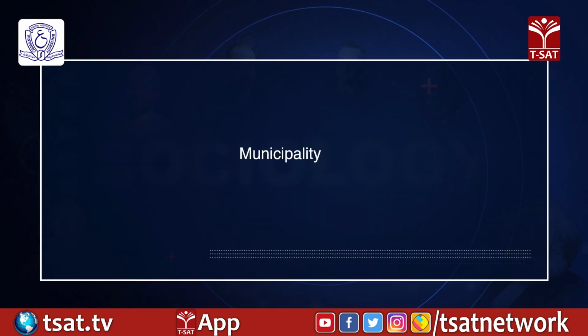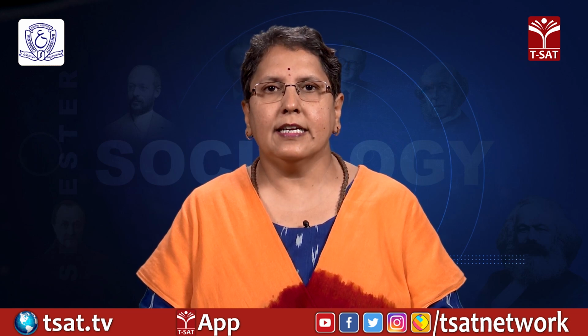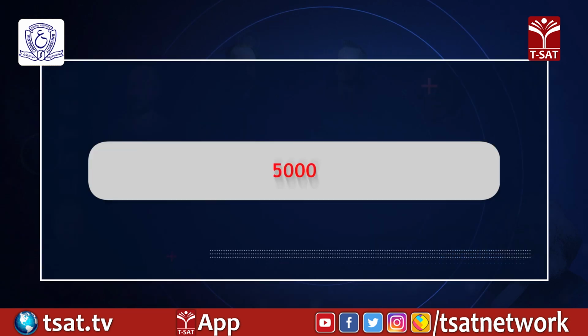Statutory town is defined as all places with a municipality, corporation, cantonment board or notified town area committee. Census towns are defined as the places that satisfy the following criteria with minimum population of 5,000 and at least 75% of male working population engaged in non-agricultural pursuits.